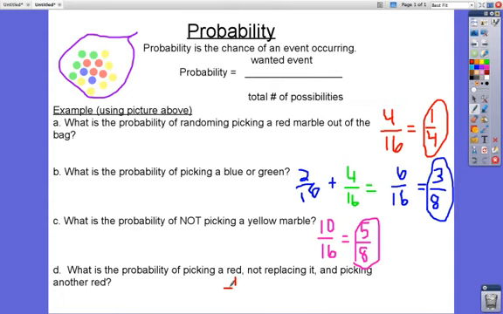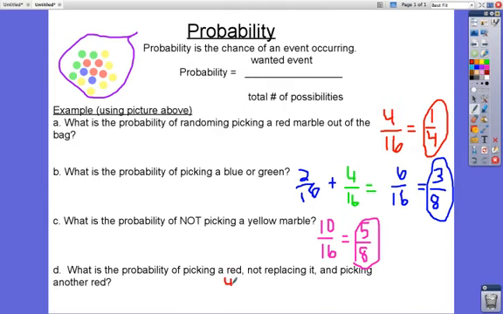So we can go ahead and use the 1/4. But we don't put it back in the bag, and we want to get another red. So actually, let's use the 4/16 because it will make it a little more obvious why these numbers work the way they do.